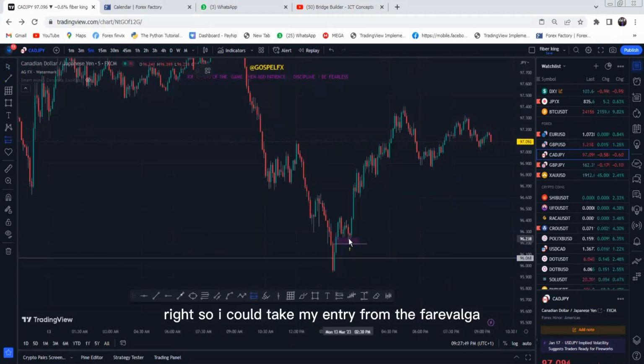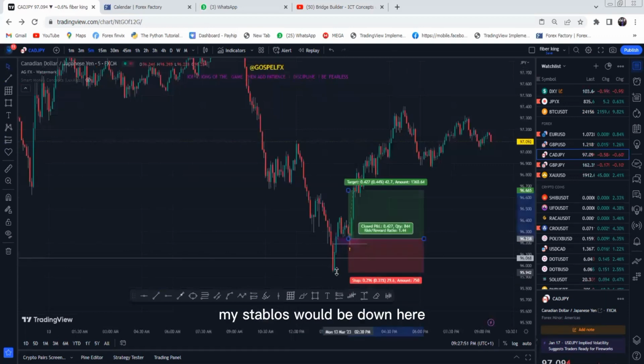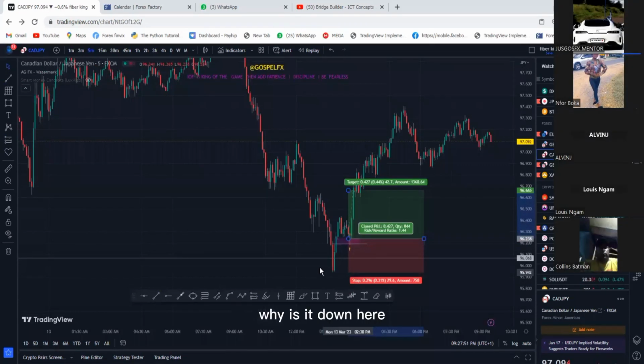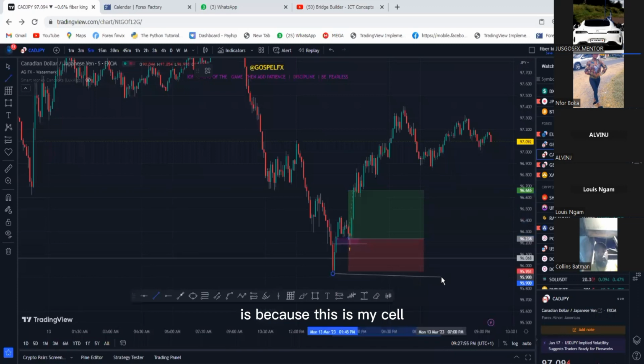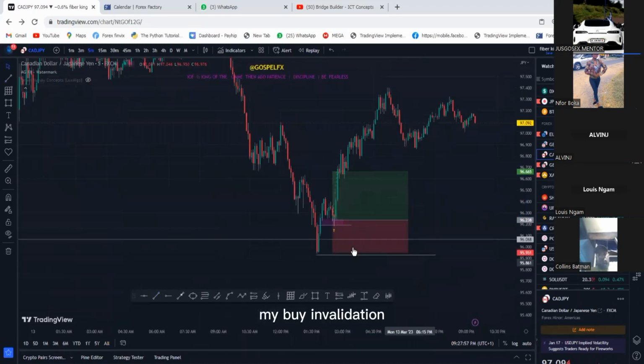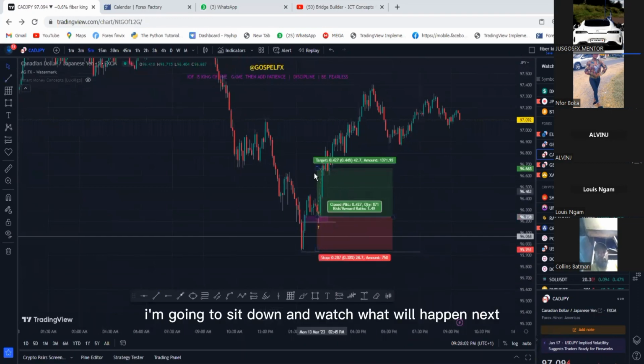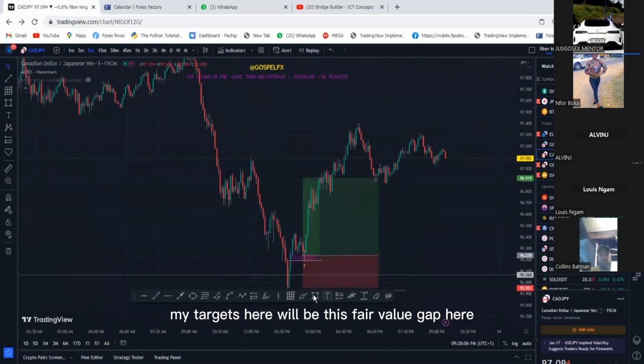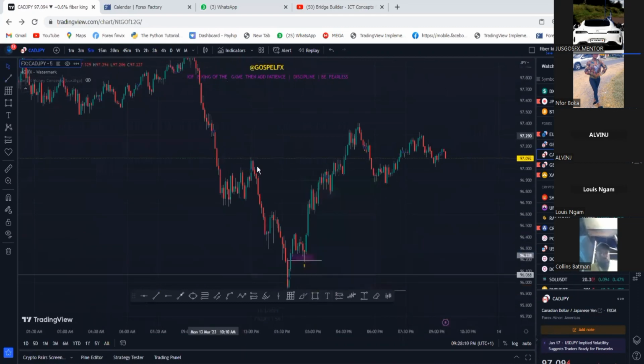So I could take my entry from the fair value gap. My stop loss would be down here. Why is it down here? Because this is my sell invalidation, my buy invalidation. If price is taking this low, in the meantime, I'm going to sit down and watch what will happen next. My target here will be this fair value gap. This will be my target.